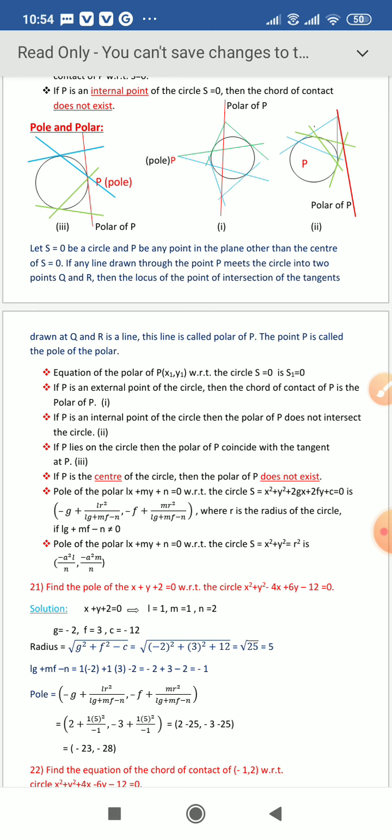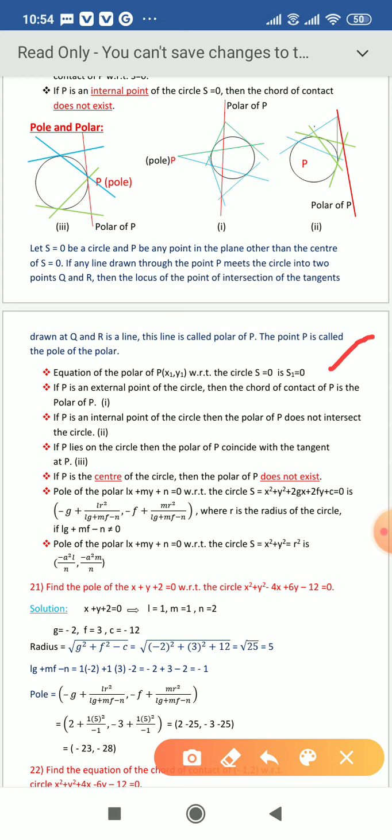Okay. Now, the equation of the polar of P with respect to the circle S = 0 is S1 = 0. Now, S1 = 0 is the formula for the tangent at (x1, y1), and the chord of contact of (x1, y1) with respect to S = 0.